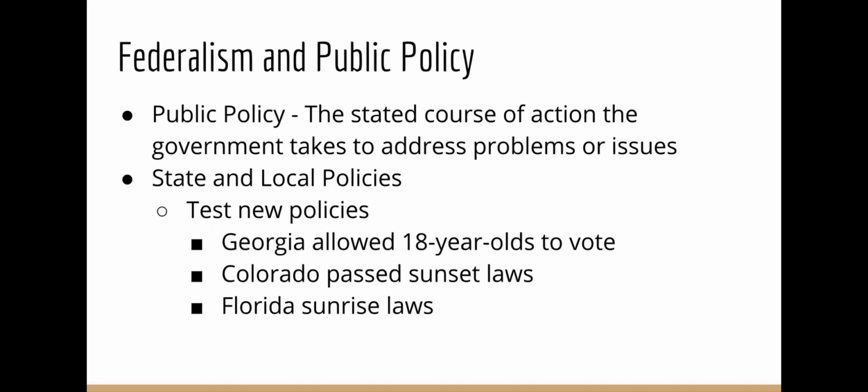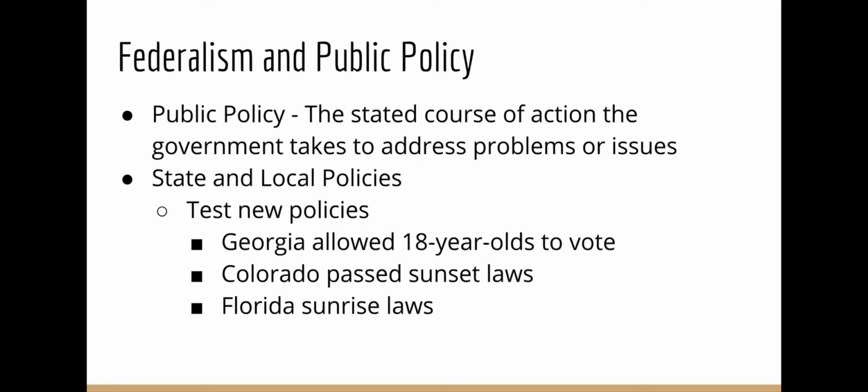And looking at public policy, federalism is closely tied to public policy. Public policy is really just a stated course of action for how the government is going to tackle certain problems. State and local policies can be a way to test new policies that might be addressed at the national level. For example, Georgia was the first state to allow 18-year-olds to vote, and now it's a national law that 18-year-olds are allowed to vote in federal elections.